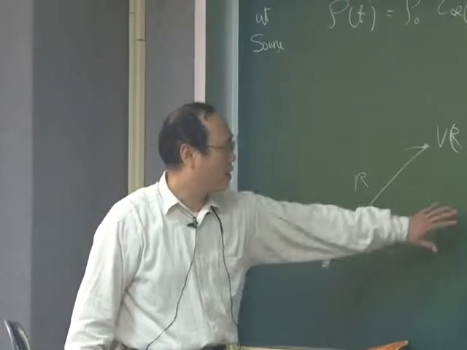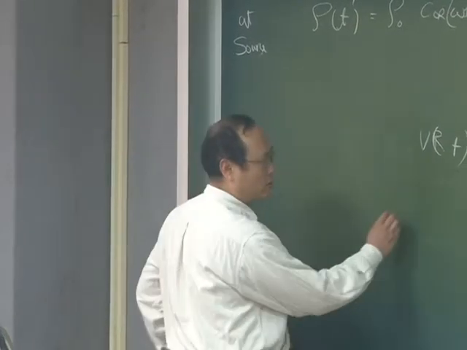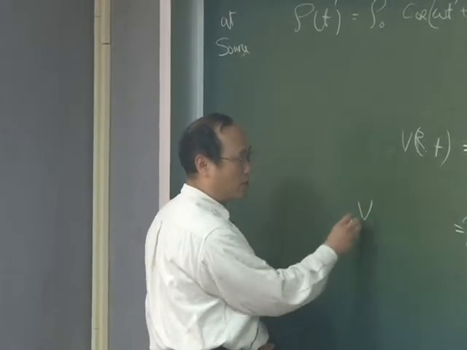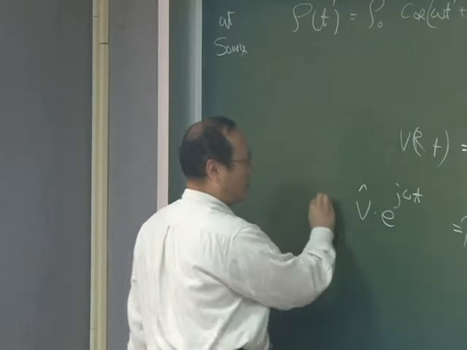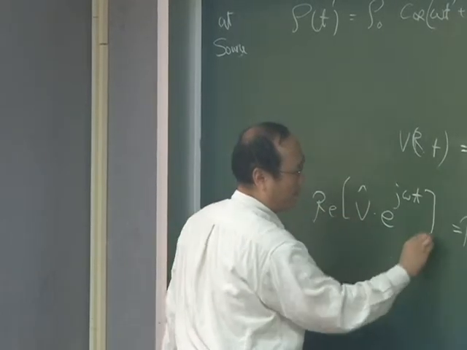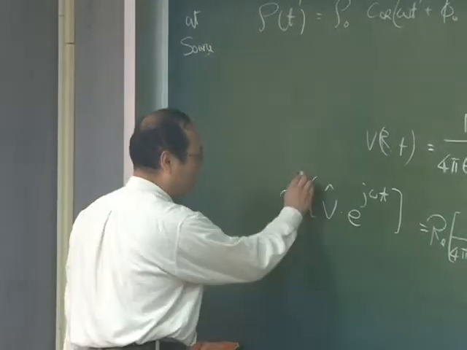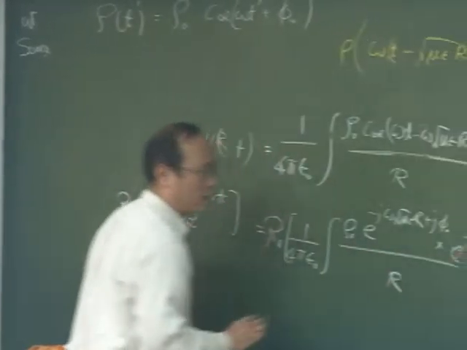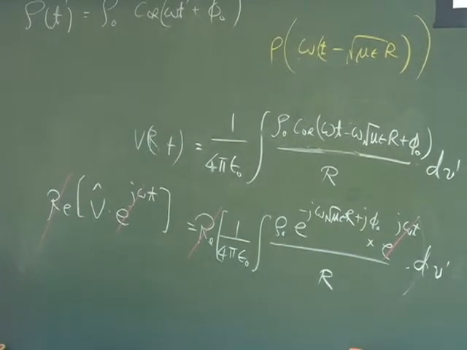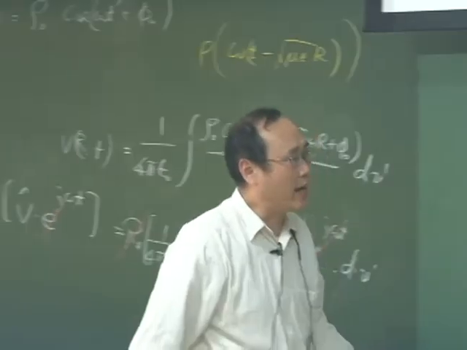On the left hand side you can also write V as some sort of phasor multiplied with exponential j omega t and take the real part of it. Then you take out this real part and take out this exponential j omega t. So you end up having an expression that is only related to the phasors.